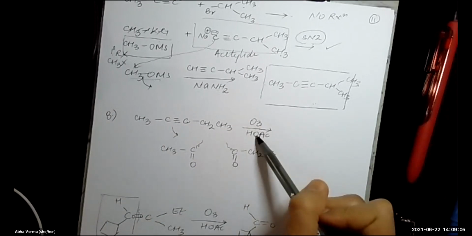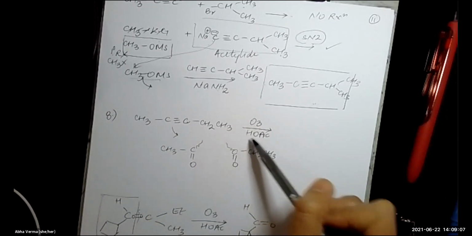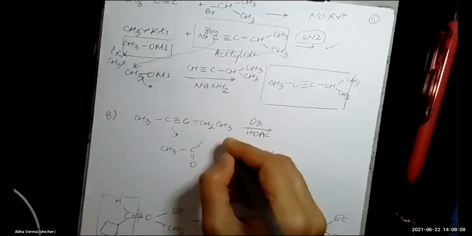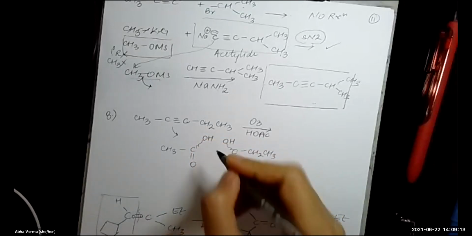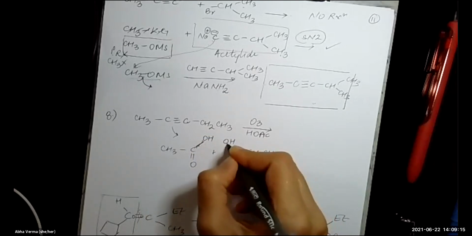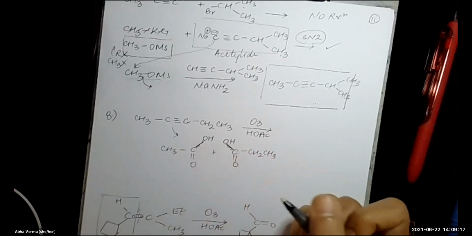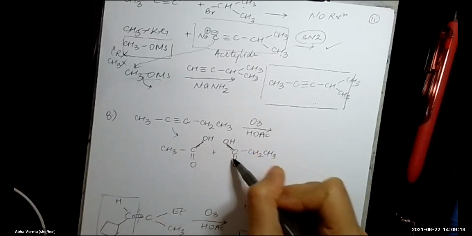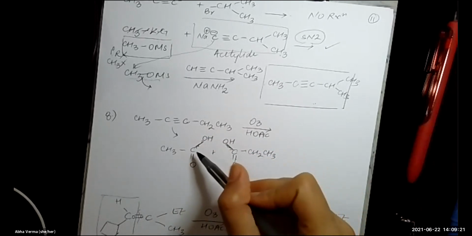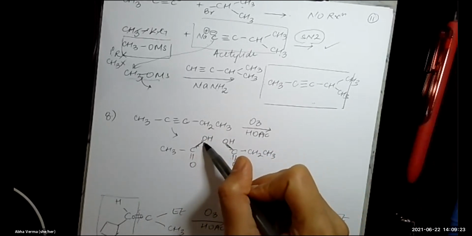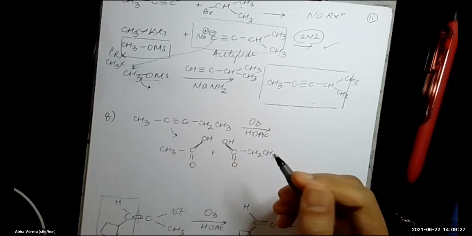And so what happens here? Because ozonolysis happens with the acetic acid, you will put an OH here. So instead of just hanging out, this carbon will have its octet complete. Instead of having a hydrogen, you will have to put a hydroxyl group.